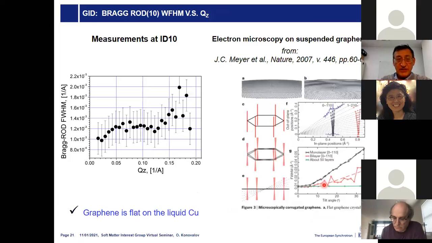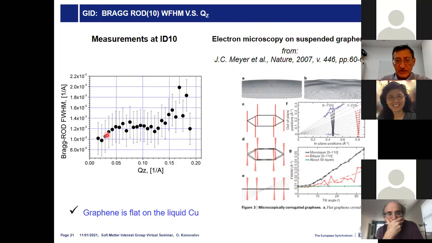So the next question is, as I told you, how the width of the Bragg rod depends on QZ, so this is a representation of what we did. With this we can see the bending of the film. For example, in the Nature paper from the group of Novoselov and Geim, they made electron microscopy measurements of a freely suspended graphene flake, and they saw that the Bragg rods expand due to the bending of the flakes.